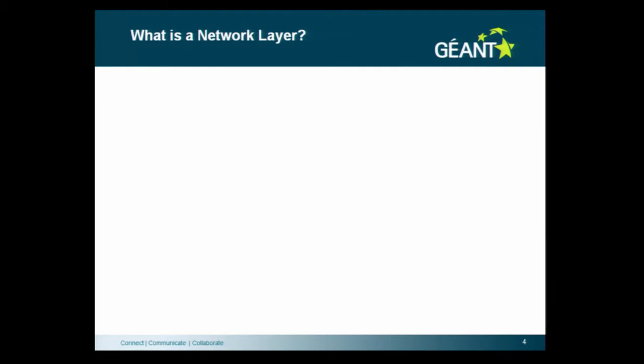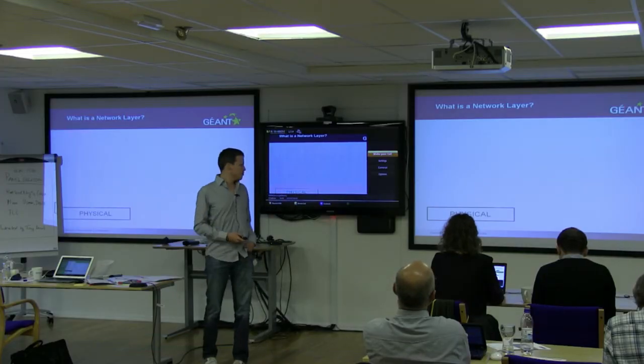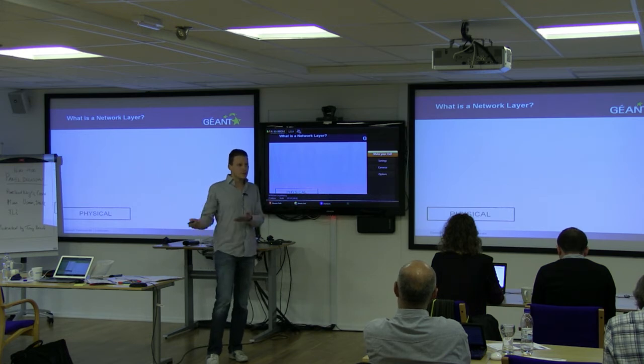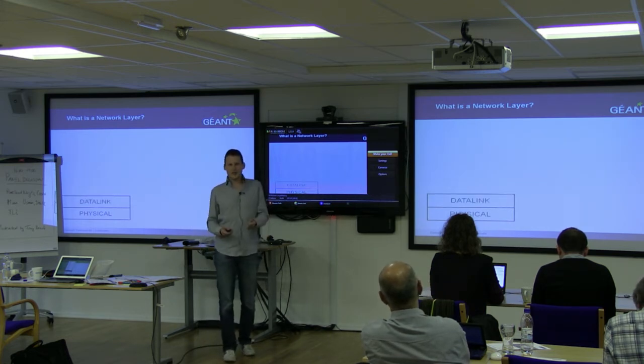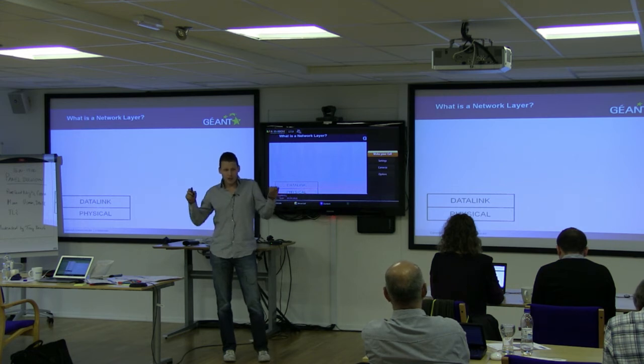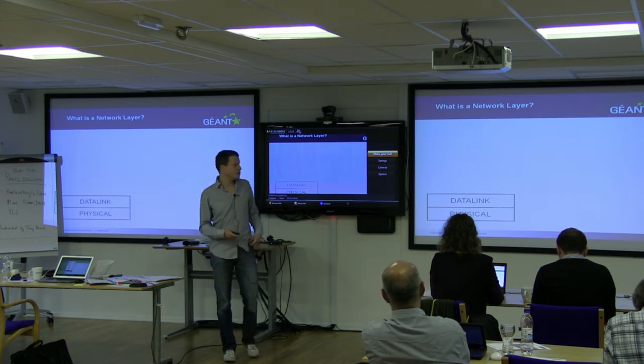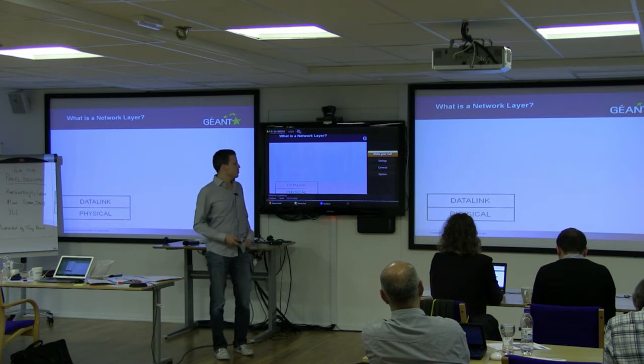So a very basic question: what is a network layer? Anybody who has a good answer to what a network layer actually is? Don't be ashamed, nobody knows. So you have the OSI model, which has a physical layer. The functionality is just to provide a medium for transmission. Then you have the data link layer, and its functionality is to manage transmission between the endpoints of that physical medium.